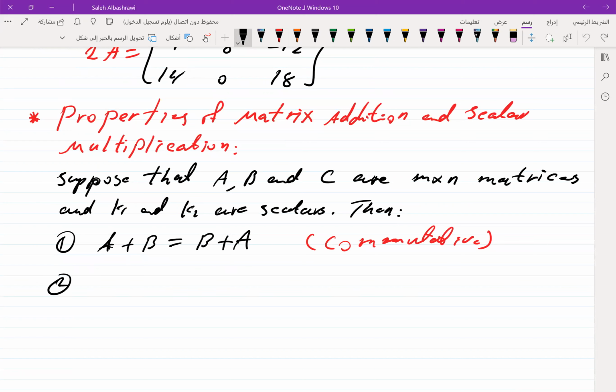Number 2, A plus B plus C equal to A plus B plus C, grouped in either way. This is the associative property.